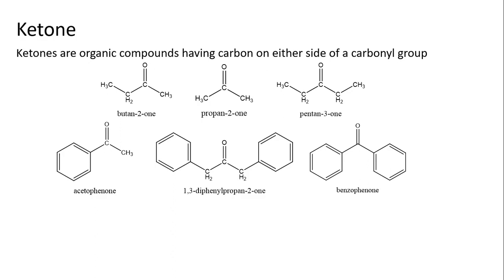This is because it doesn't have a hydrogen attached to the carbon which is directly attached to the carbonyl group. Now this is important. Let us see how. Let us consider a ketone. It has many carbon atoms on one side of the chain and only a single carbon atom on the other side.